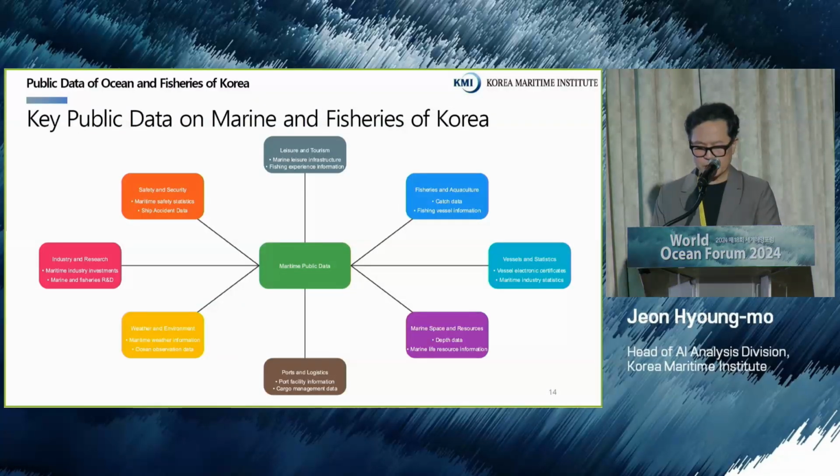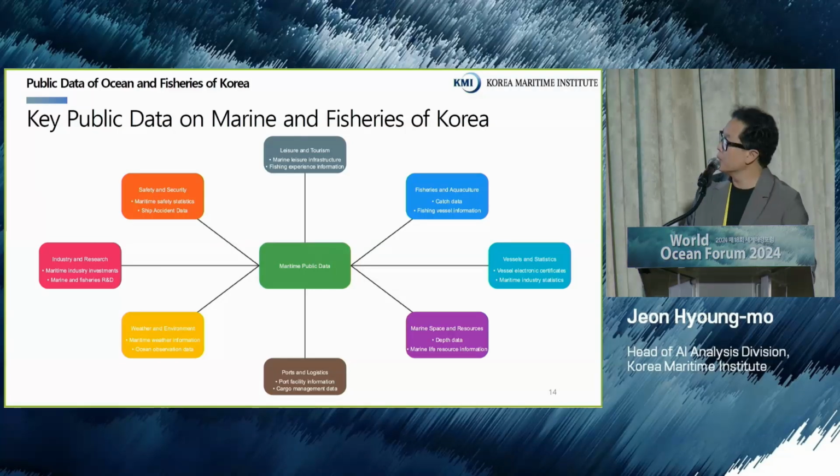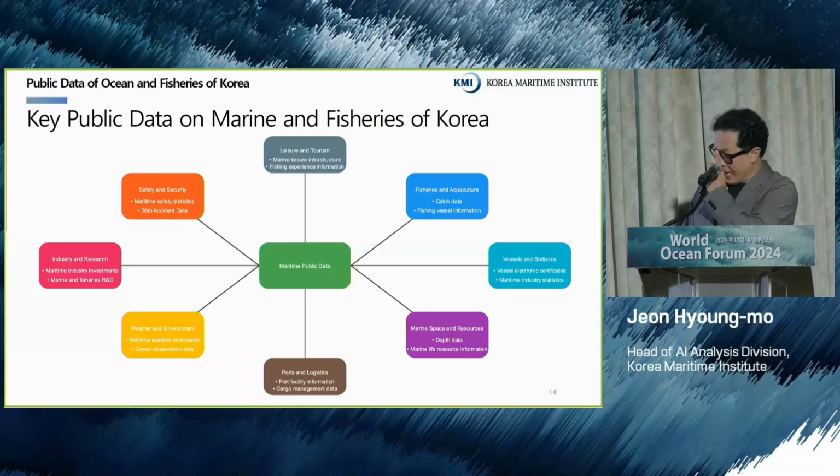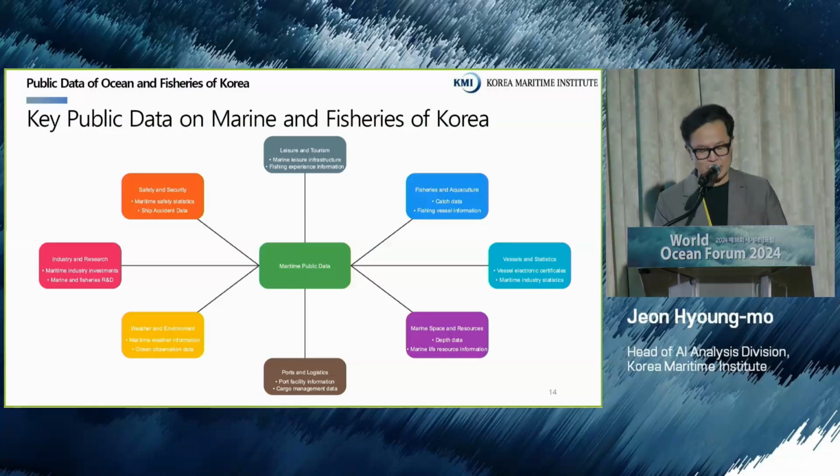So in short, we can see our data chain like this. We have safety and security information, for example, maritime safety statistics and ship accident data, and we have weather and environment data, for example, weather information, ocean observation data, ecosystem data and pollution-related data.